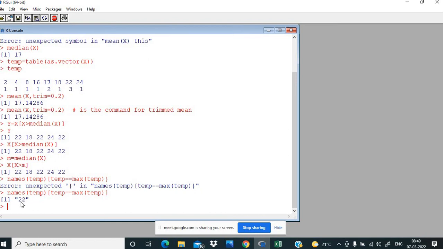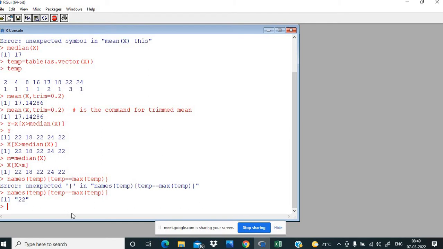Okay, but this is not a number. This is now a character type of thing. That's why it has come within quotes. Other numbers you see, they come without quotes. They come directly. So if you want to use it for calculations, then you cannot use it directly.